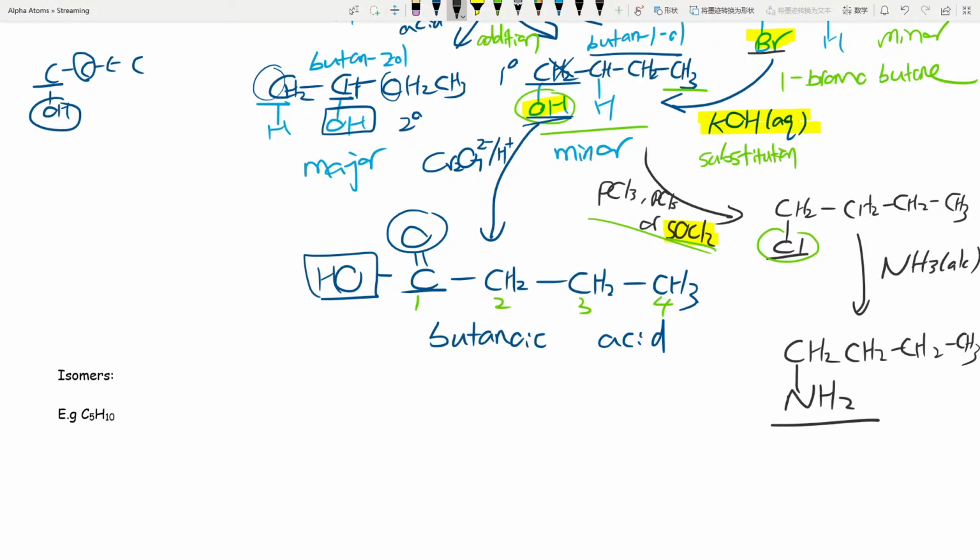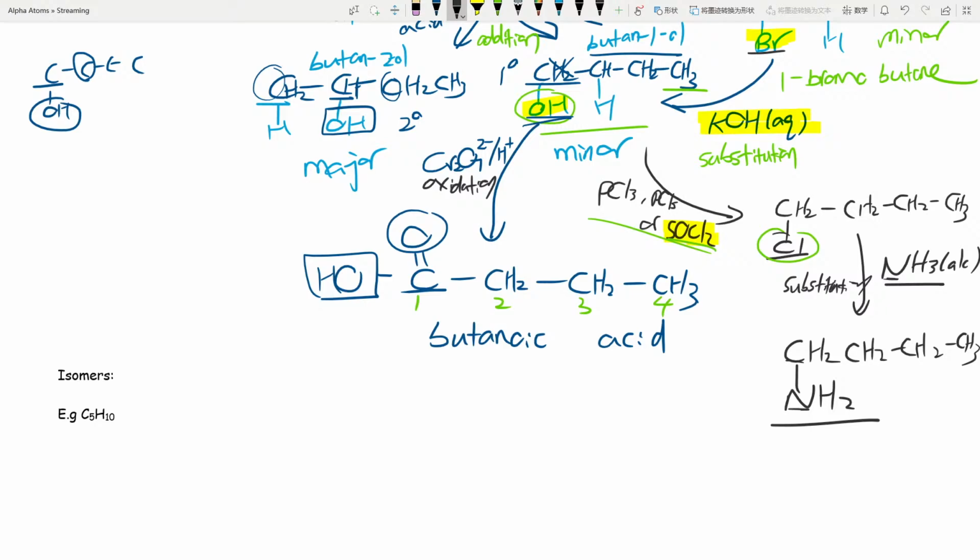Okay, so it's not NH3 because nitrogen only bonds 3 times. So in NH3 you can see this nitrogen is bonding 3 times, but this nitrogen is also bonding 3 times because one is bonding to the C, and the other 2 are bonding to the hydrogen. Okay, so this is again a substitution reaction, and this is oxidation for the one that we just talked about.